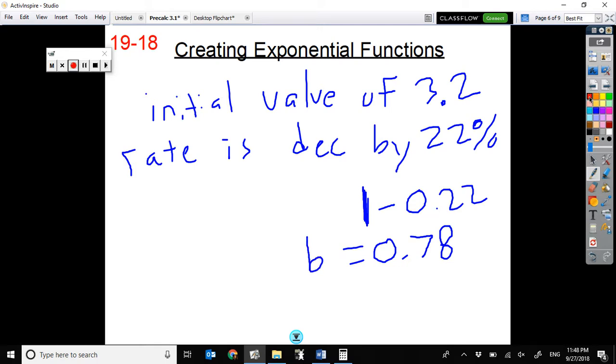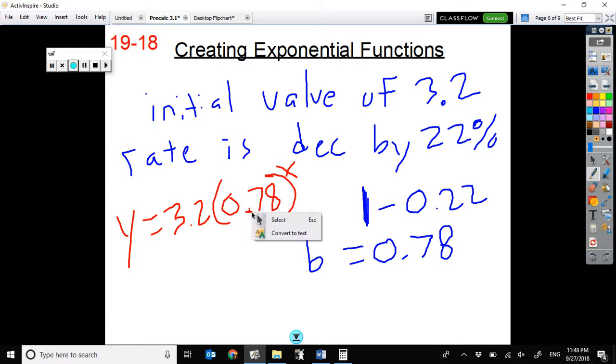So my equation here would be y equals 3.2 times our rate, 0.78, to the x. Notice that my value being hit by the exponent is less than 1, so this is exponential decay because it's decreasing.